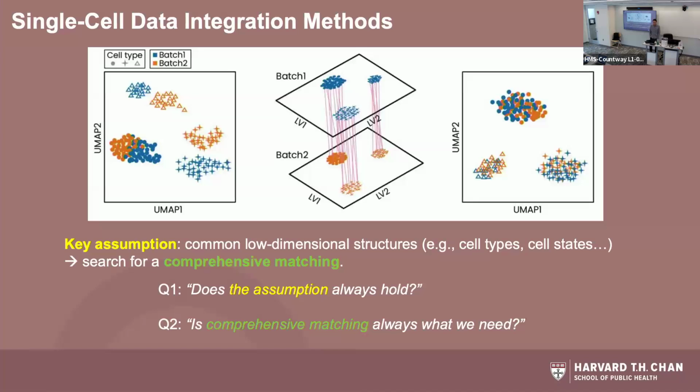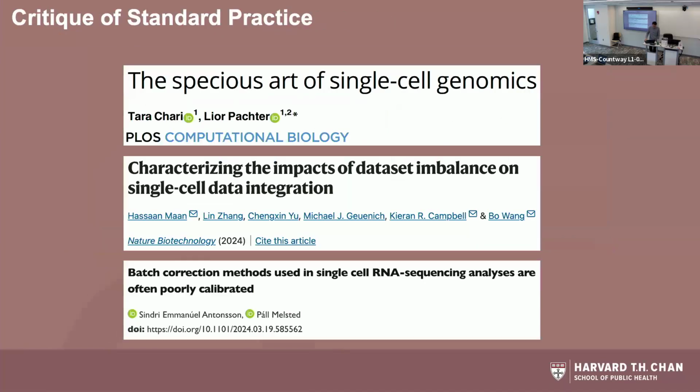You want to have some differential cell states altered by disease to be identified in the end. But sometimes the integration algorithm is just so overconfident that it will wipe out everything.